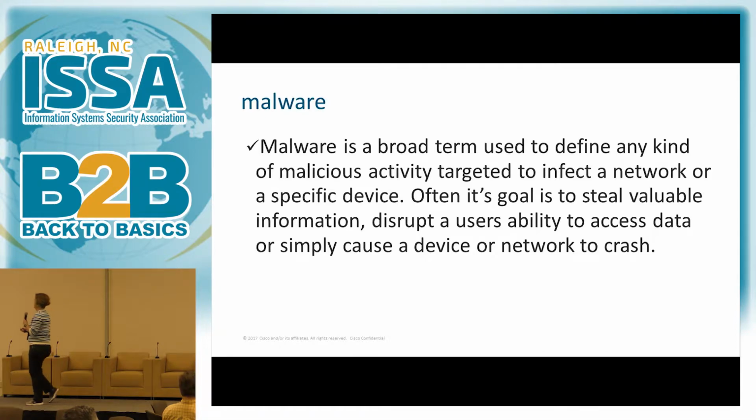My biggest concern, especially from an overall architecture or a program view, is that when somebody's trying to infect the entire network versus a specific device, there's a completely different risk level to me. If somebody's dumb enough to try to go after the entire network, we're probably going to see it.